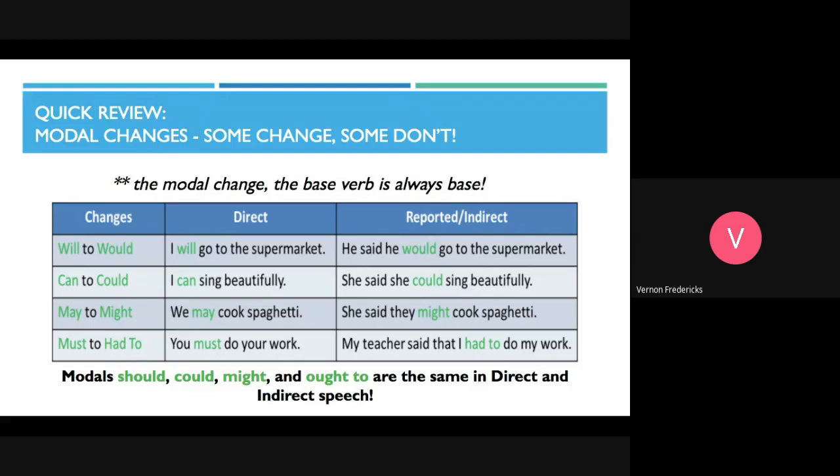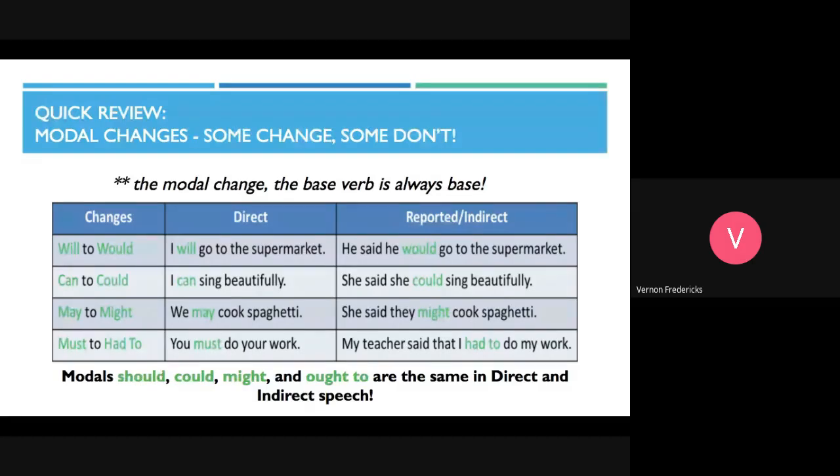Okay, students, the last line here says should, could, might, ought to are the same for direct and indirect speech. So if you use should for direct speech, we're going to use should for reported speech.